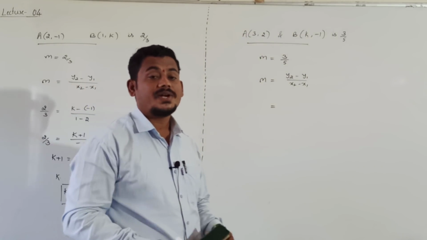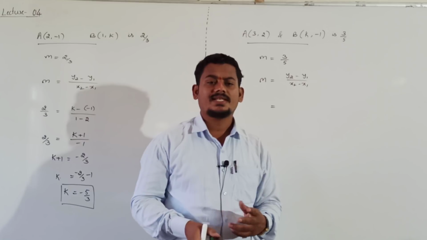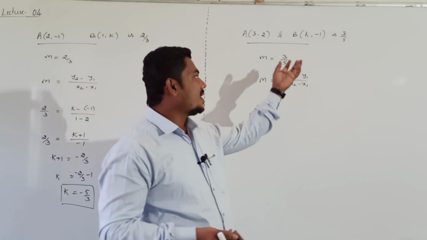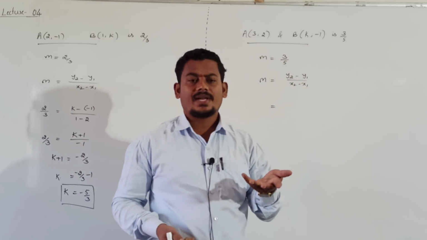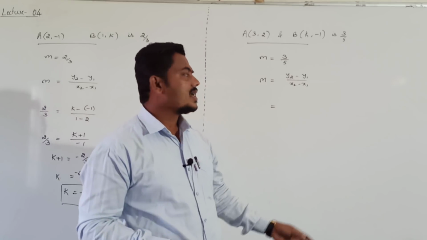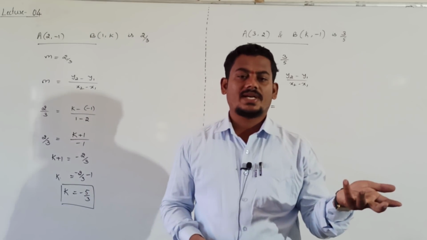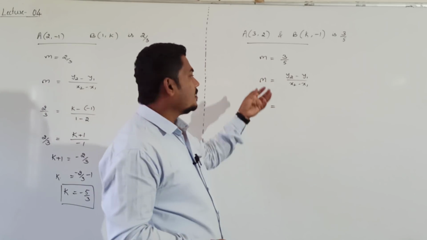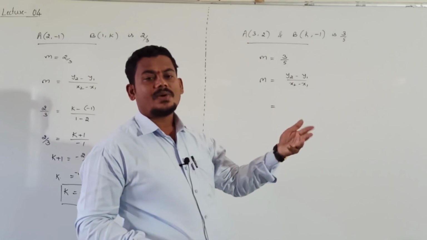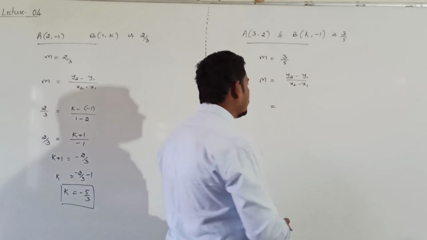It is not necessary that the first point is x1 y1 and the second point is x2 y2. As you wish, you can take the second point as x1 y1, no problem, you get the same answer. I take any one of the points as x1 y1 and the other point as x2 y2, right? Usually take the first point as x1 y1 and the second point as x2 y2.